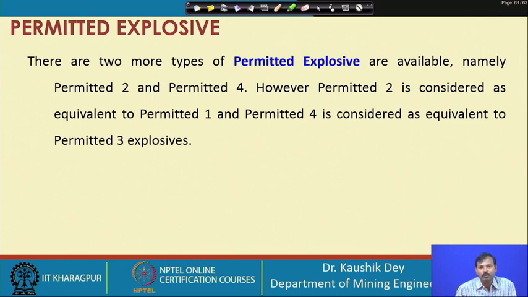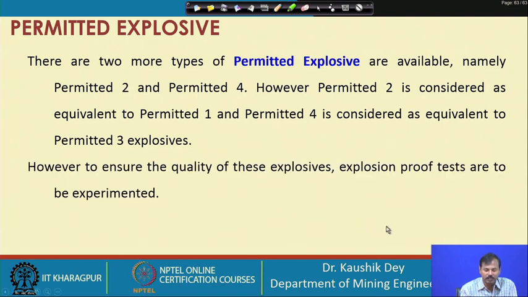It is developed to avoid the patent for the degree 3 permitted explosives, permitted 3 explosives. So, that is why permitted 2 and permitted 4 are not commonly available in India. Permitted 1 and permitted 3 are replacing permitted 2 and permitted 4, and permitted 1, 3 and 5 are sufficient for any place to use.